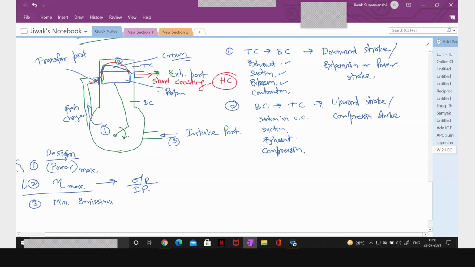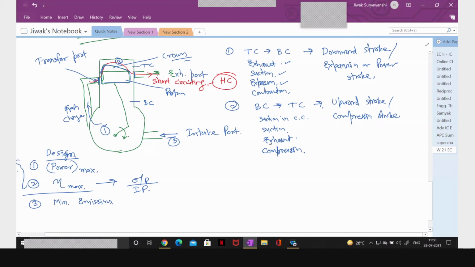The second one is the expansion process, which is terminated very quickly. The expansion means combustion, so the combustion duration is less. As the combustion duration is less, hydrocarbon is not getting converted fully into CO2 and H2O.